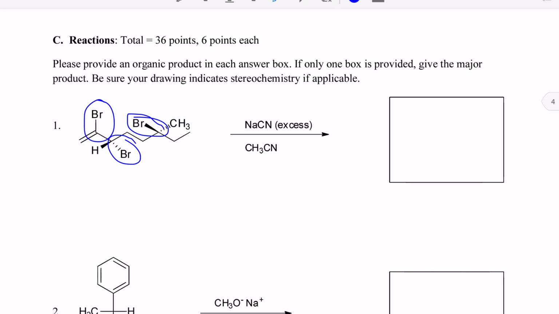But we do know, when we look at the reagents, we are given sodium cyanide, and the cyanide ion is actually a strong nucleophile, even though it's a weak base.